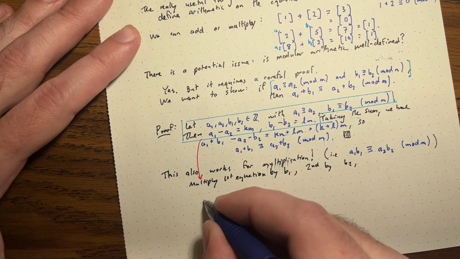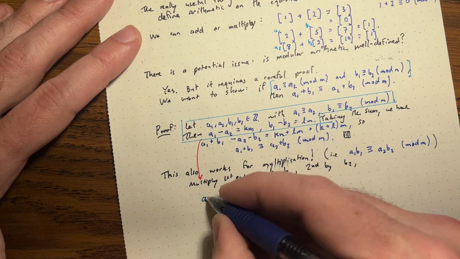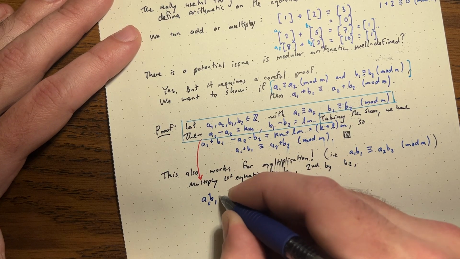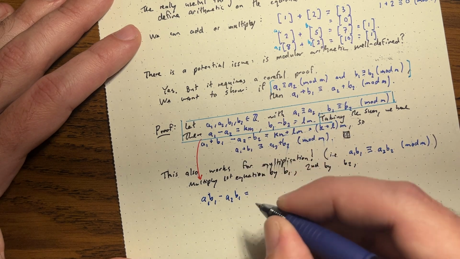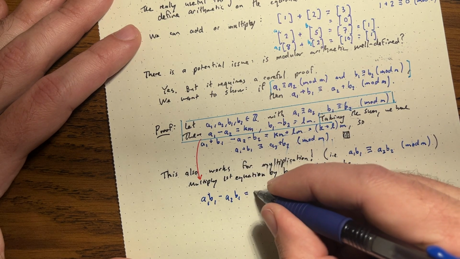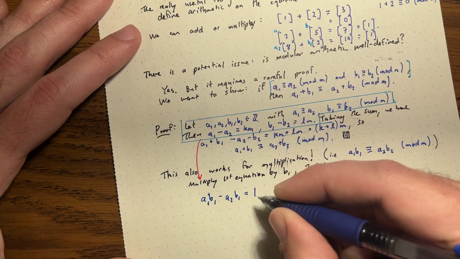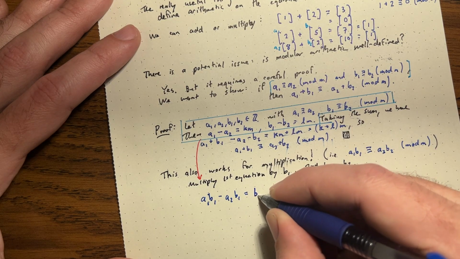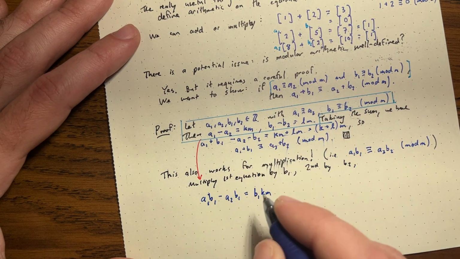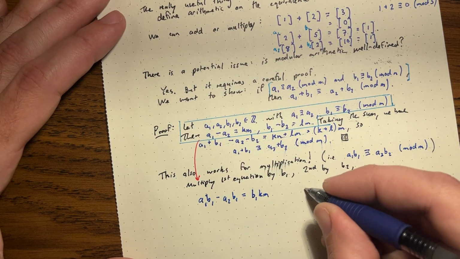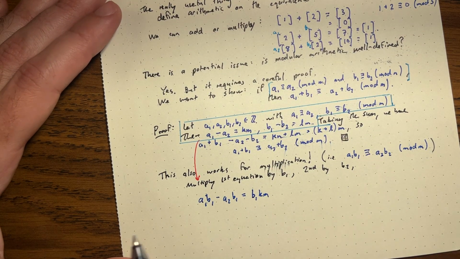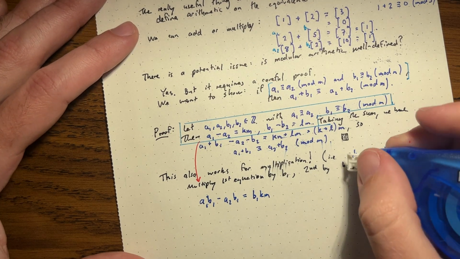So if we do that, we get A1 B1 minus A2 B1 equals B1 kM, right? We have to multiply the right side also. And then the second one, I think I want to multiply by, wait, I wrote B2. That's not what I want to do. Sorry about that.